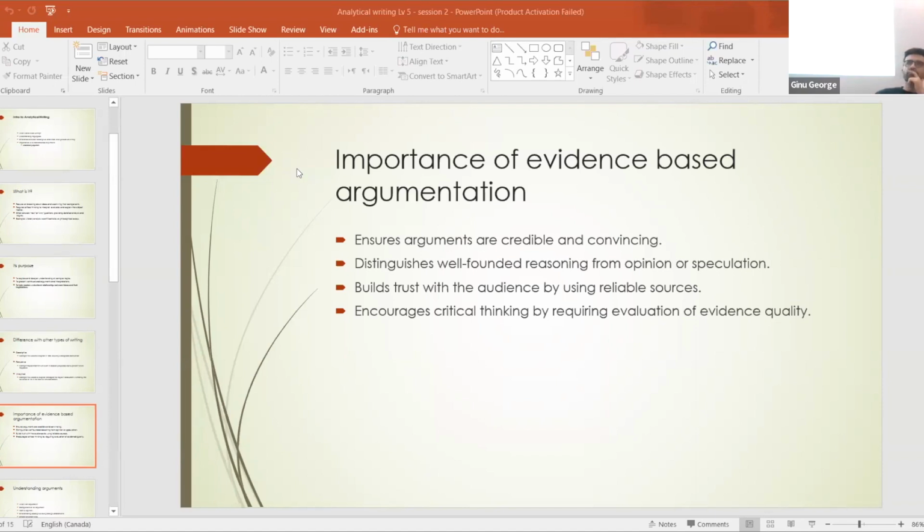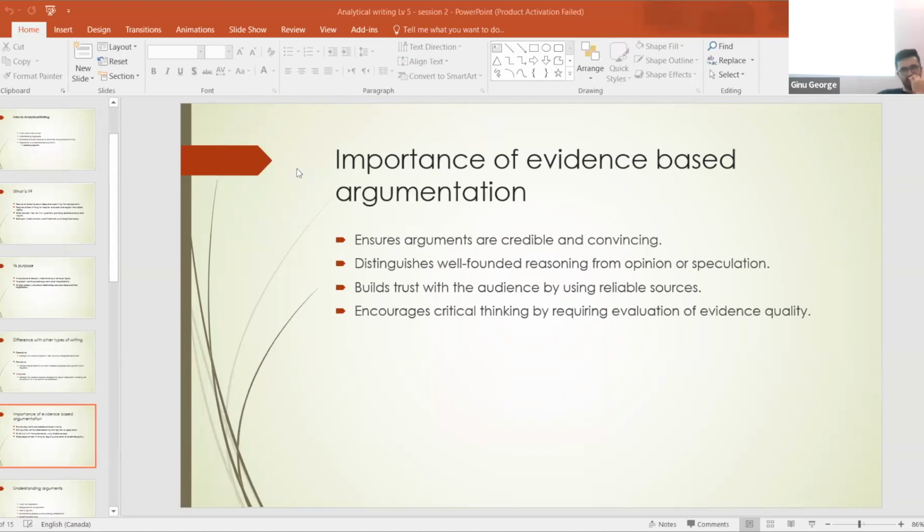So you're saying build some kind of trust with your audience so that they take what you say seriously. Otherwise, they're not going to just accept what you say. So it's important for purposes of persuading your audience. Okay, good.